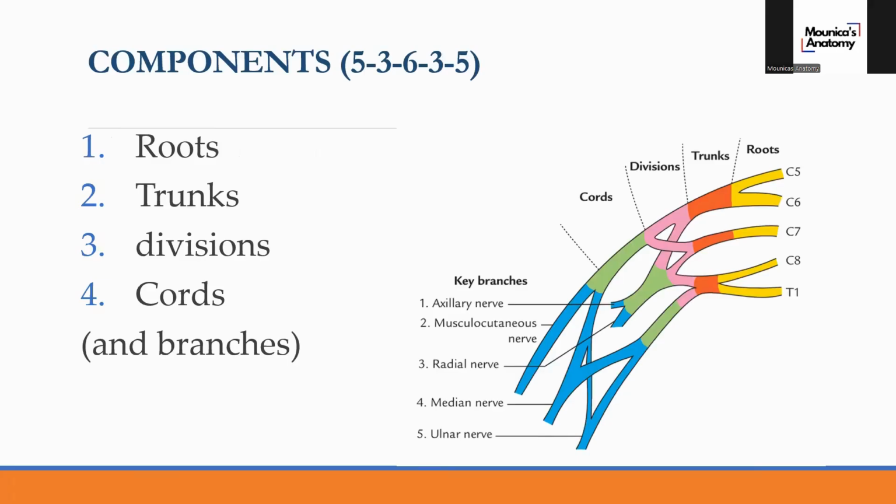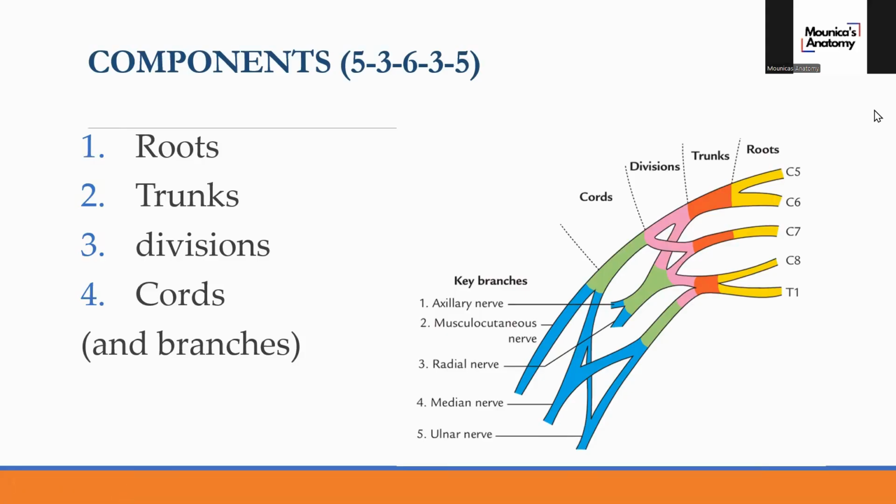So components are mainly four, that is roots, trunks, divisions and cords. And finally, you can see the terminal branches of brachial plexus. So if you remember 5, 3, 6, 3 and 5, we have 5 roots, that is C5 to T1. And then we have trunks.